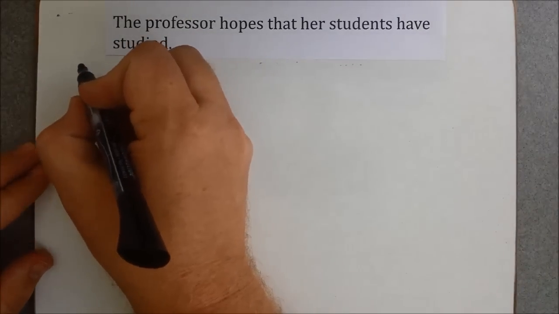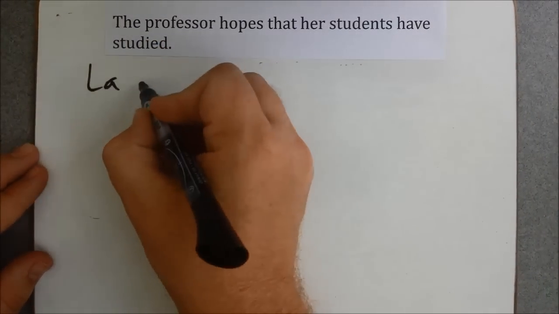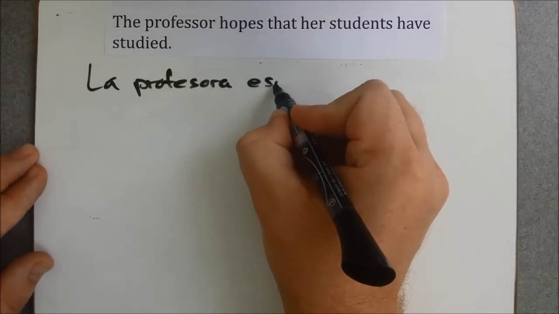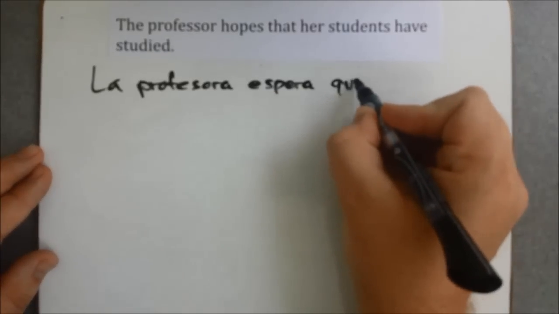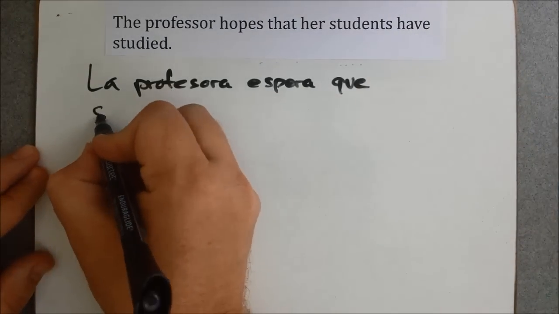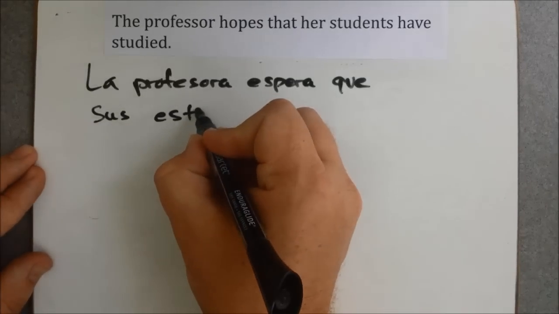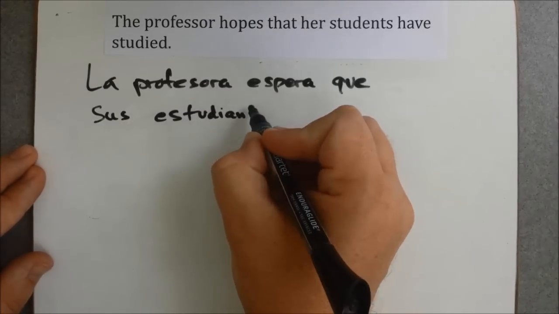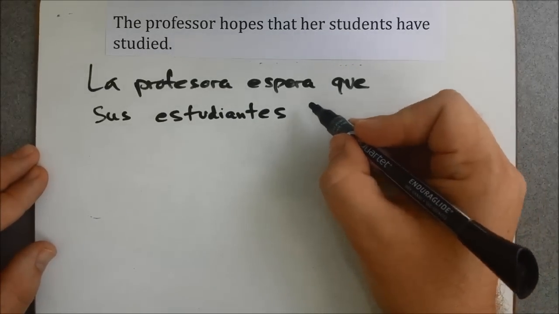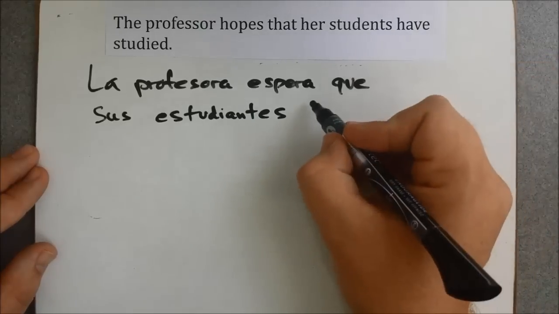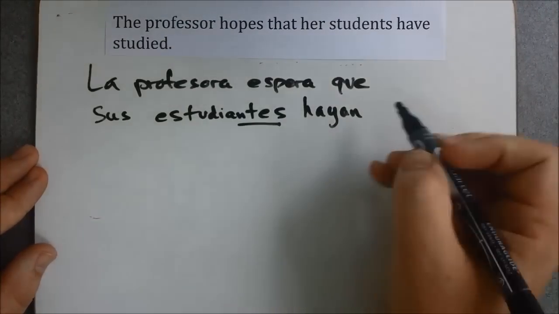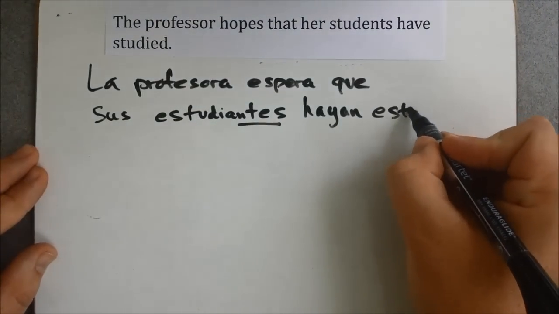So that's going to be something like, since it's her students, la profesora espera que, that's our present tense main clause, sus estudiantes, the subject of the dependent clause, sus estudiantes or sus alumnos, and then we take our auxiliary verb, hayan, since it's plural, estudiantes hayan estudiado.